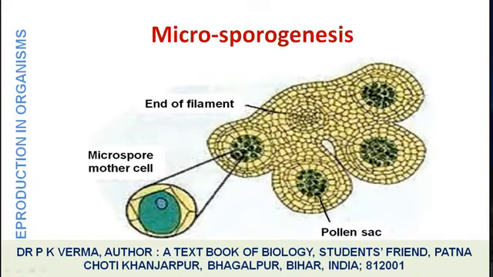It is a magnified view of a transverse section of anther showing the 4 pollen sacs. It has an epidermis and hypodermis and the remaining part is filled with parenchyma.